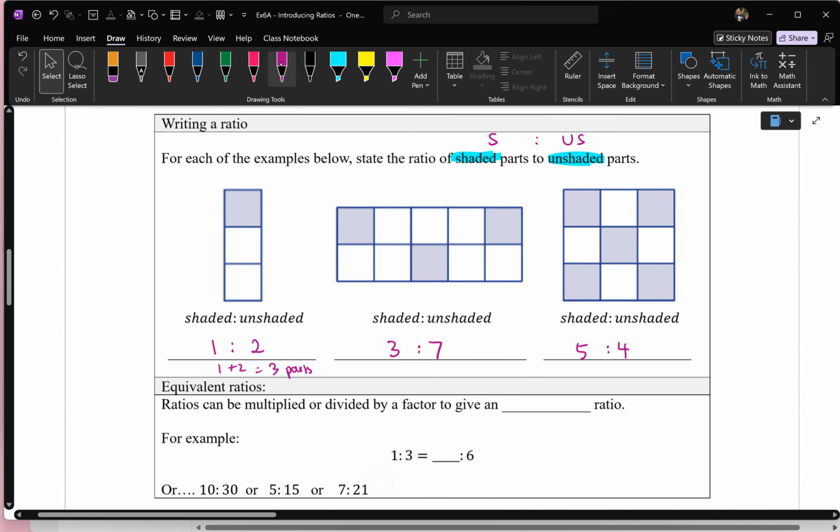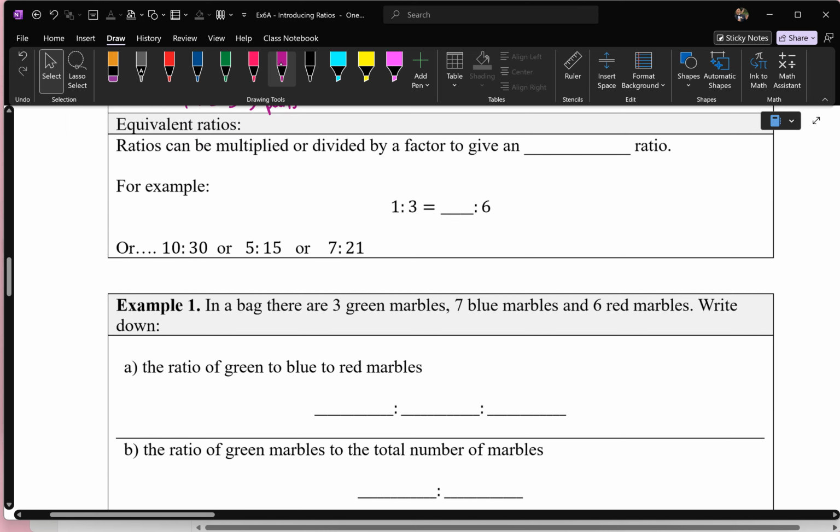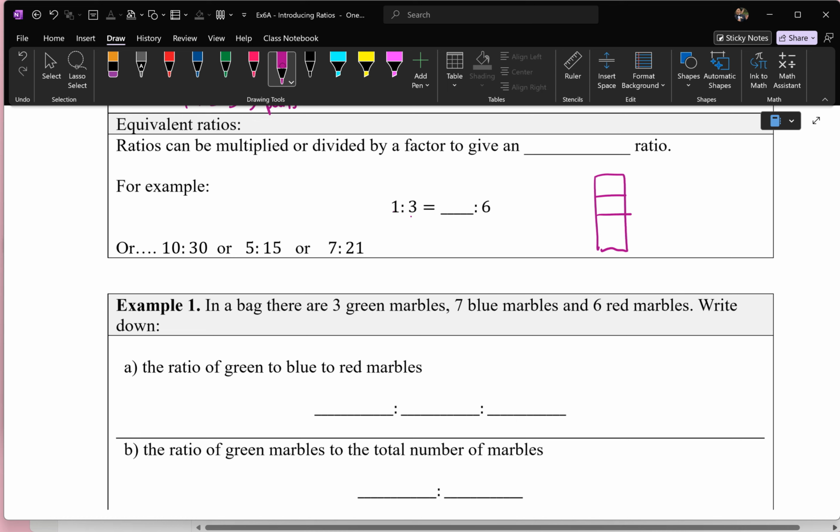So we're looking at how to write ratios, and then how we know they're equivalent ratios. When you say it's a 1 to 3, it would look like this: 1 that is shaded, and 3 that's not shaded. In the same proportion, you could increase it to 2 that is shaded.